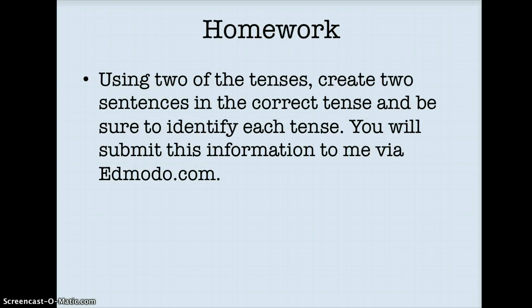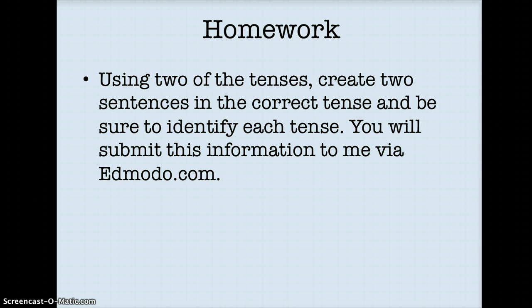Now, your homework. You need to use two of the tenses that I just talked about, and you will need to create 2 sentences in the correct tense, and be sure to identify each tense. Be sure that these are 2 different tenses. You will submit this information to me via edmodo.com. So just click on turned in, complete, and submit.